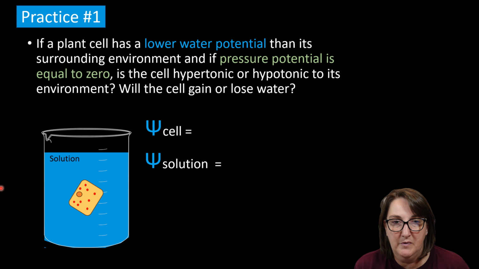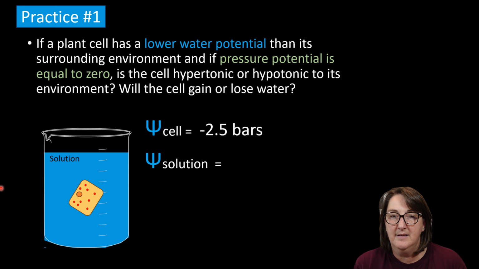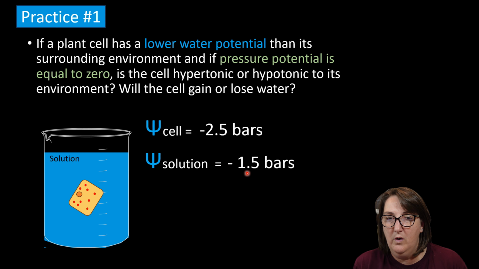Let's say my cell was negative 2.5 bars, and this is telling me my water potential. This will tell me my solute concentration. My solution has negative 1.5 bars. So you can see here that I have more solute.